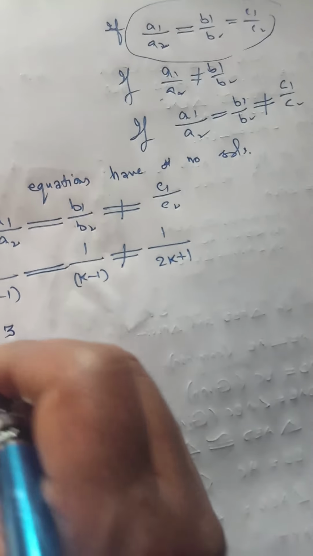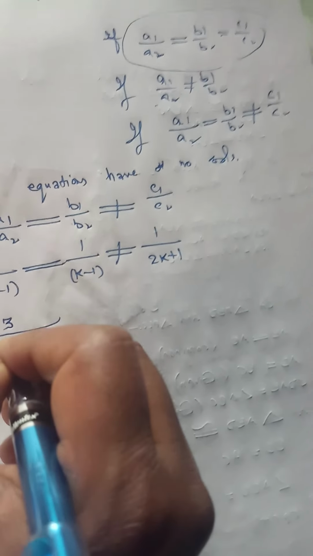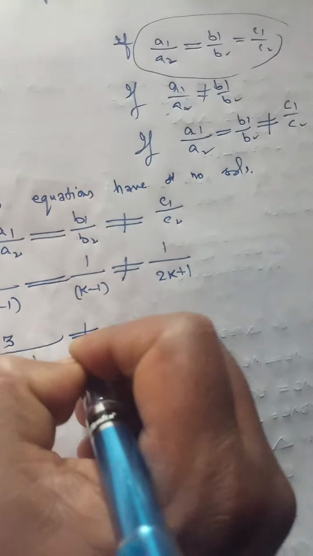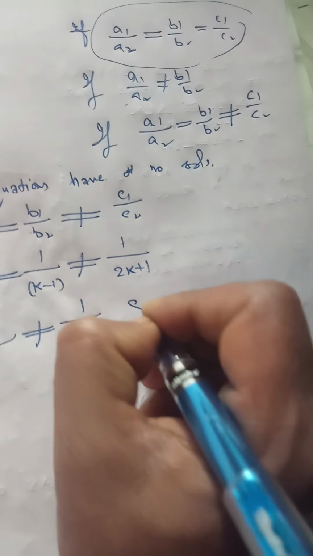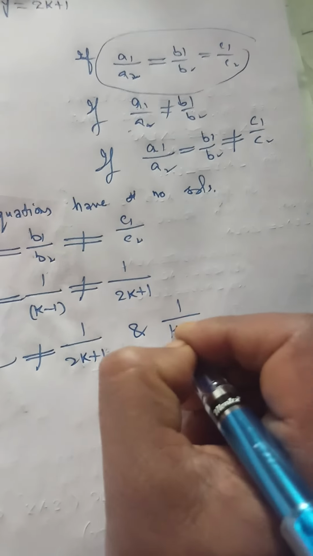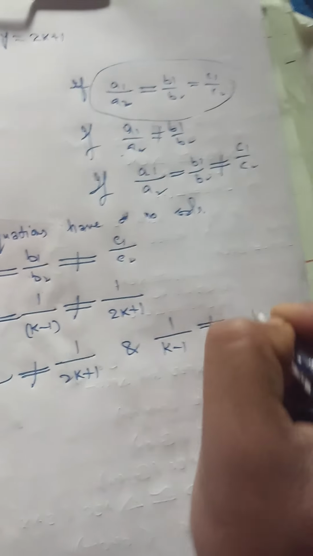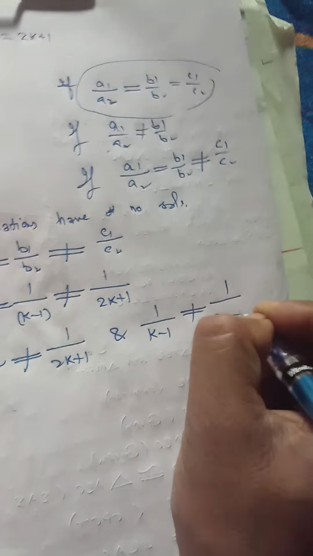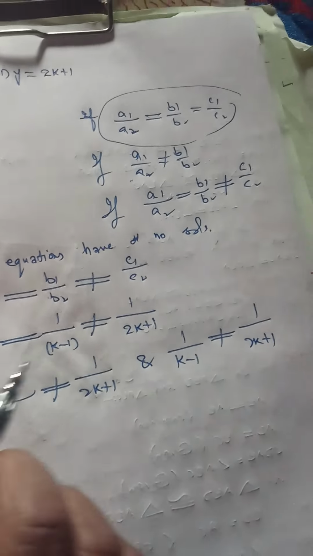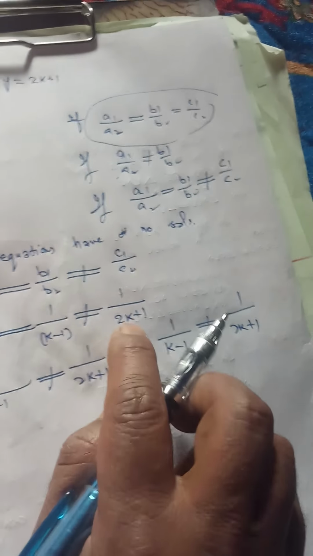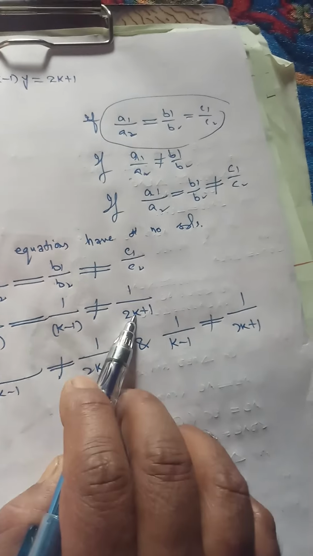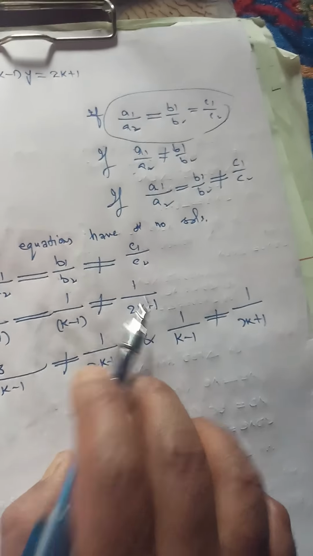3 divided by 2k minus 1 is not equal to 1 divided by 2k plus 1, and the second one is 1 divided by k minus 1 is not equal to 1 divided by 2k plus 1, because these two are equal, but these two are not equal to the third one. This is not equal to this, and this is also not equal to this.